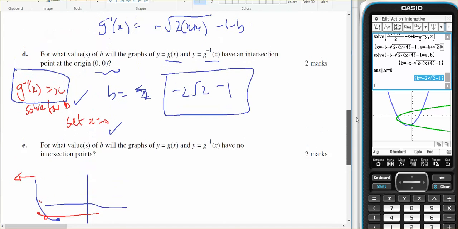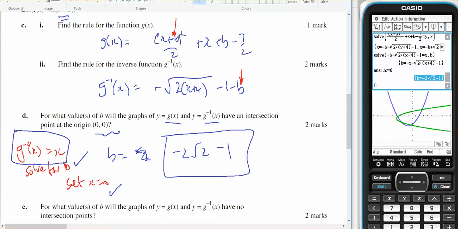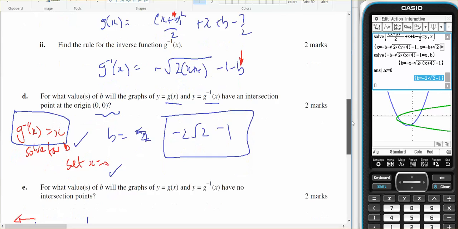Because if I change one parameter, that gives me a sideways translation, but if I change the other, that makes it go up or down. So one's moving it sideways and one's moving it up or down.